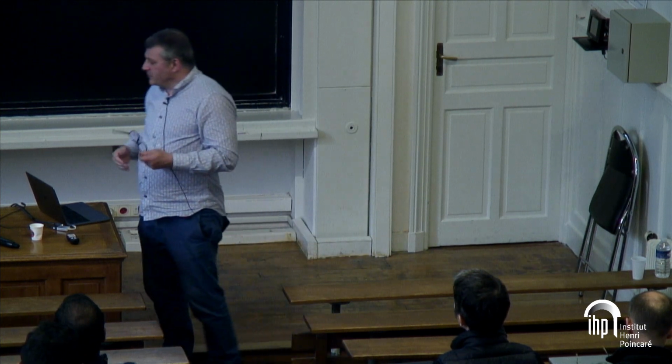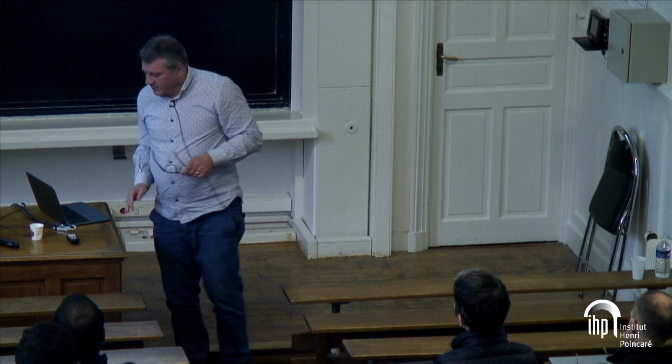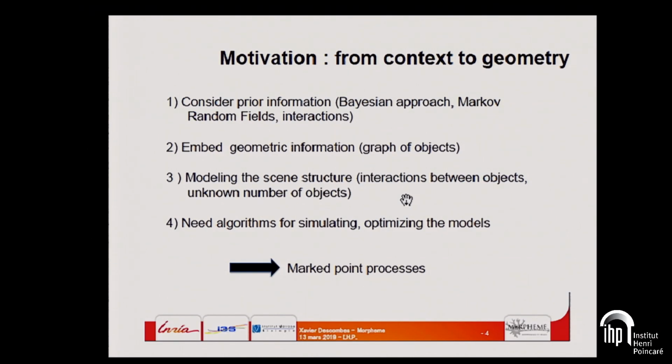So the main motivation to use this kind of model is, again, to take into account this geometric information. But also what we would like is to keep the good advantage of Markov models, Markov fields or Gibbs fields, that we can embed some prior information into our model.